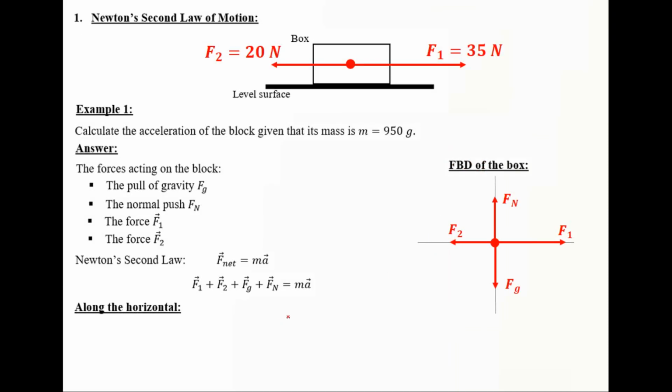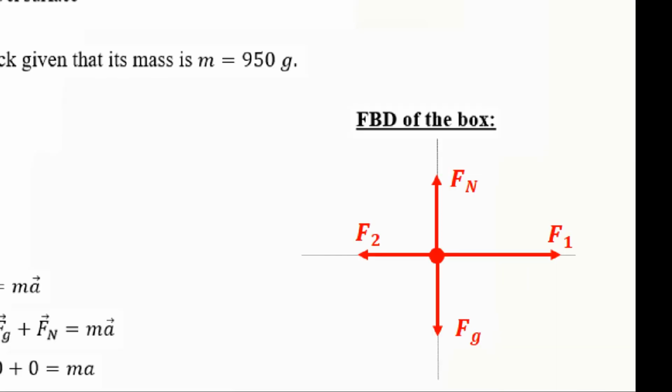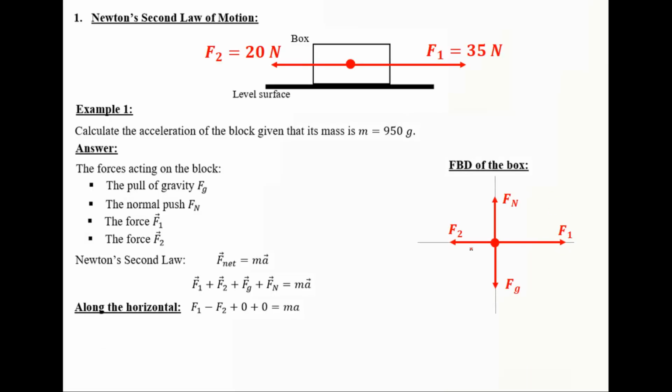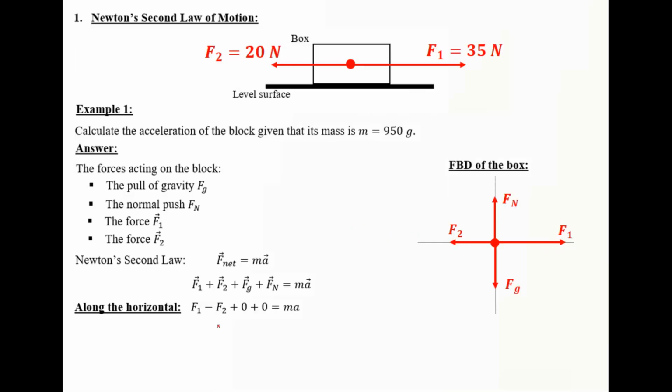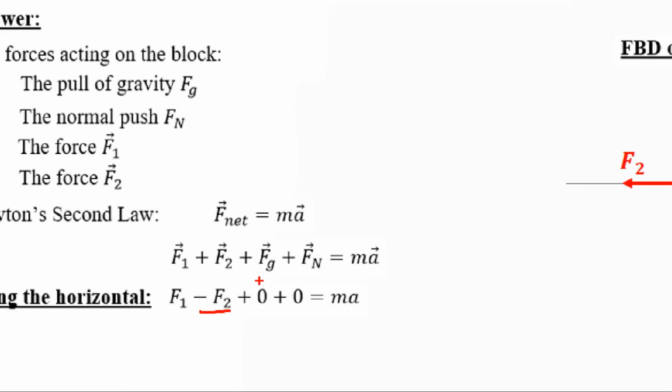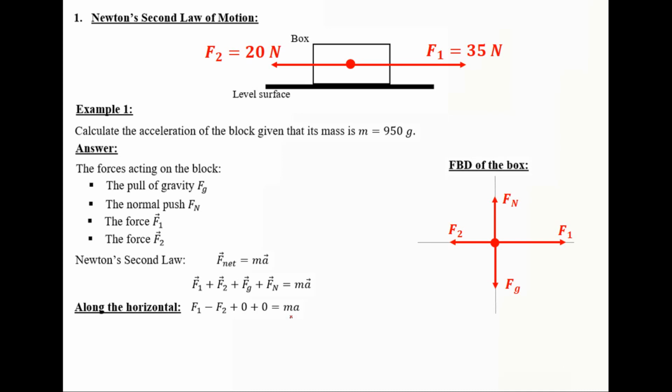For this reason, we're interested in projecting it along the horizontal. Taking the positive direction to be to the right, F1 is completely along the right direction, so that is plus F1. F2 is acting completely along the negative direction, so that is minus F2, whereas Fg and the normal push have no projections along the horizontal.